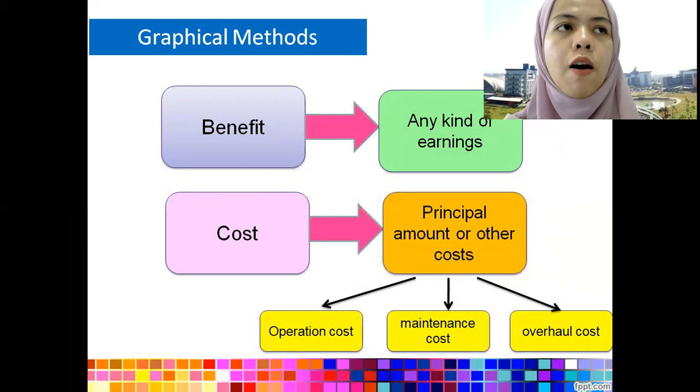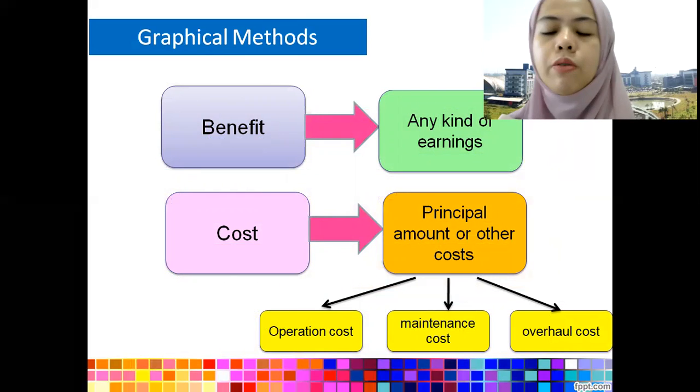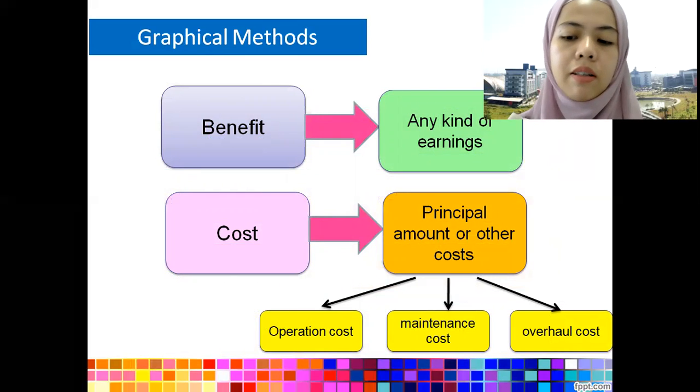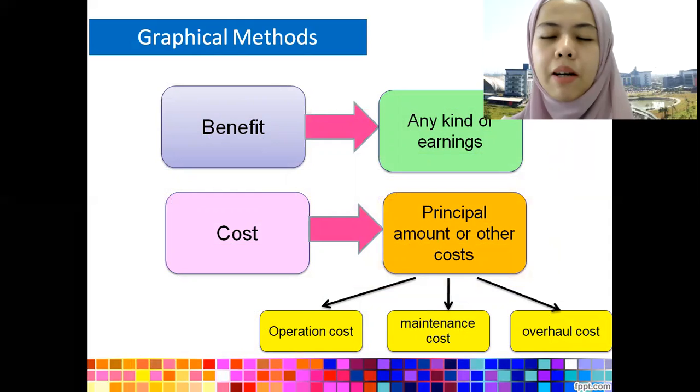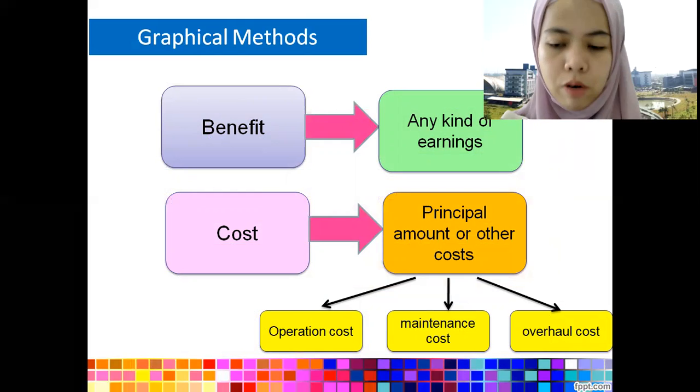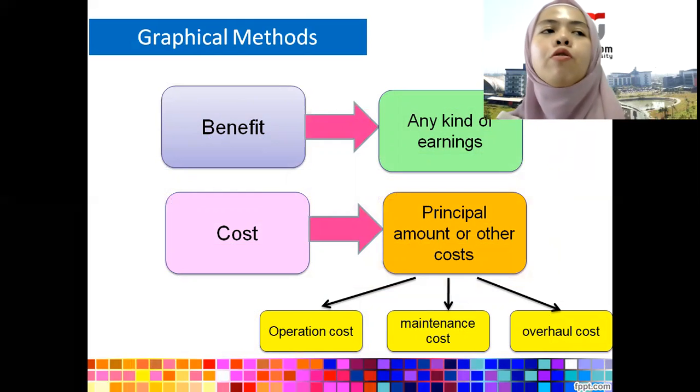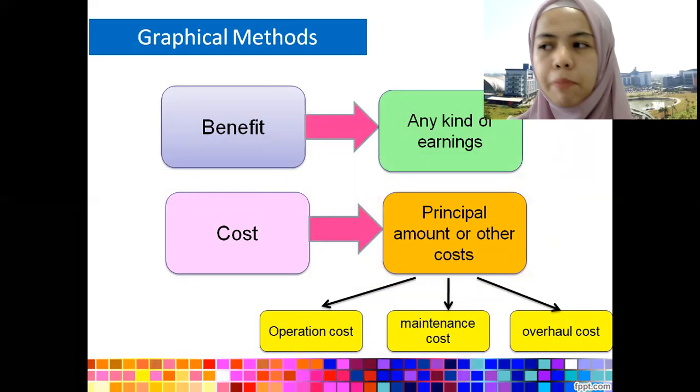And heavy maintenance is the overhaul cost. It's just like a maintenance cost, but we don't do it regularly. Maybe after reaching some target, after reaching some hours left, we have to change the asset itself into the newest one to maintain the good performance.